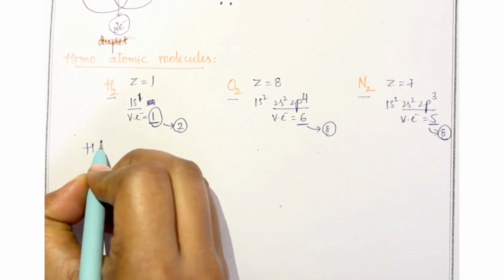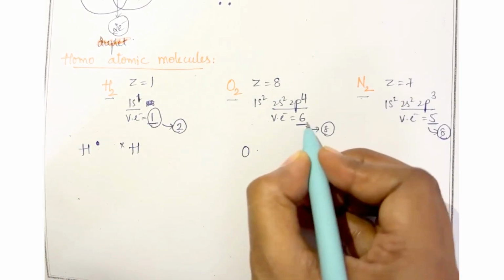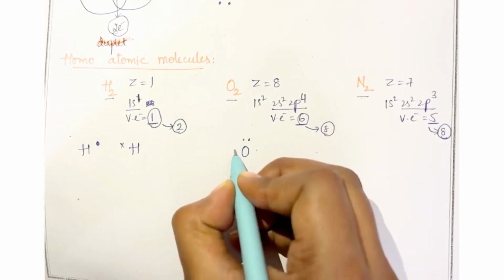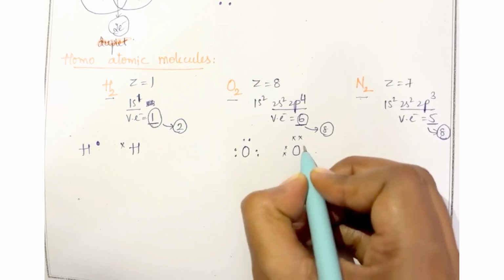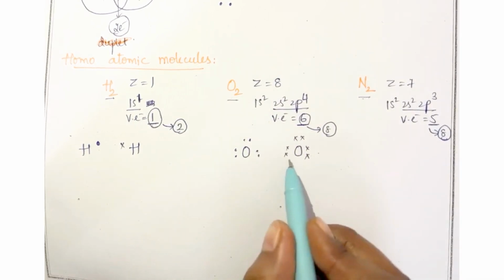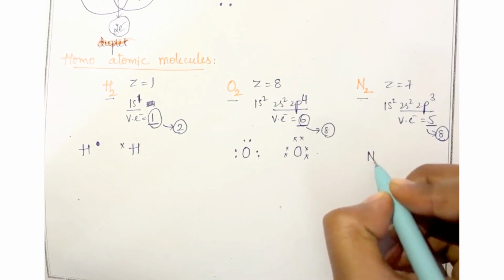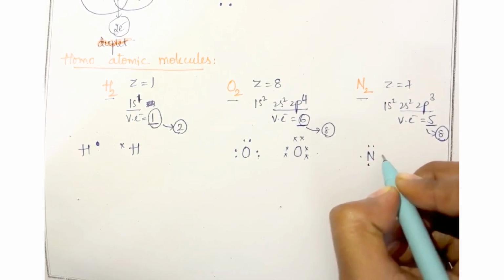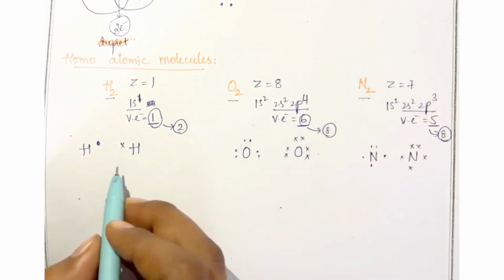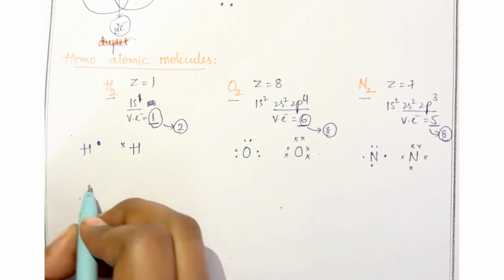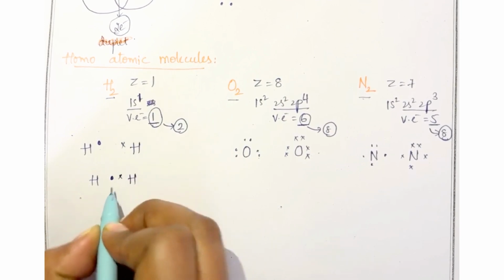So hydrogen is with single electron, the other hydrogen is also with single electron. Oxygen, we write these 6 electrons as 6 dots this way, and this oxygen also will have 6 electrons. To differentiate only we are writing with cross and dot, but both are one and the same. This nitrogen will have 5 electrons around it because it has 5 valence electrons. So hydrogen gives only 1 electron. This hydrogen contributes 1, this hydrogen also contributes 1.